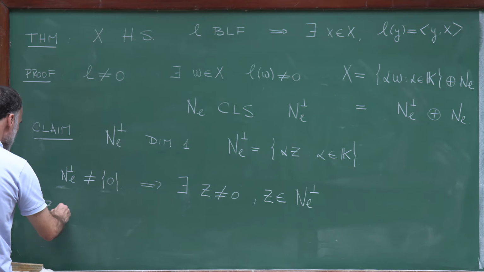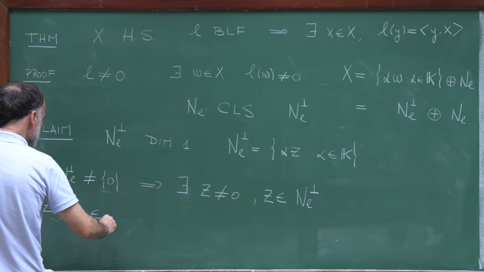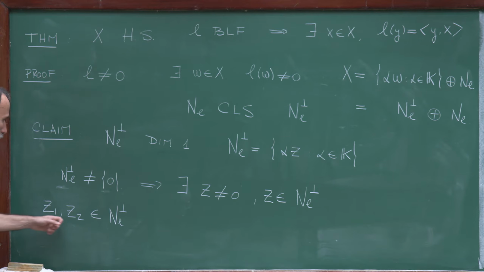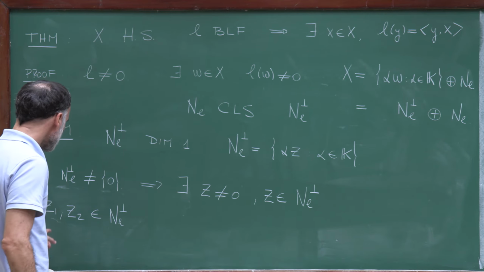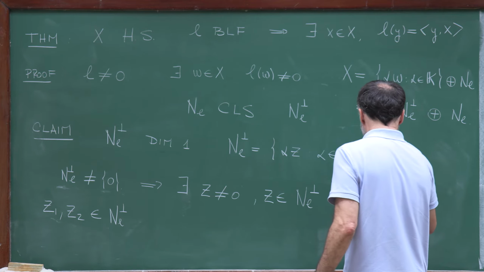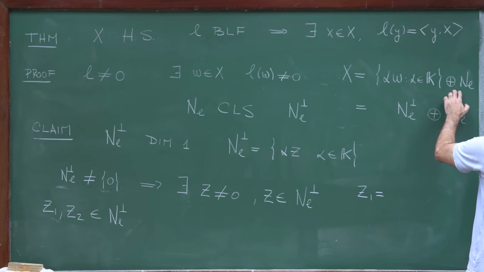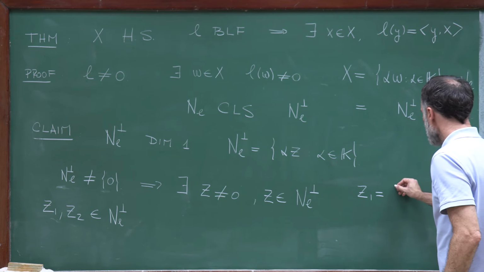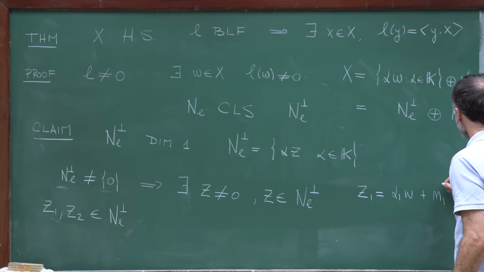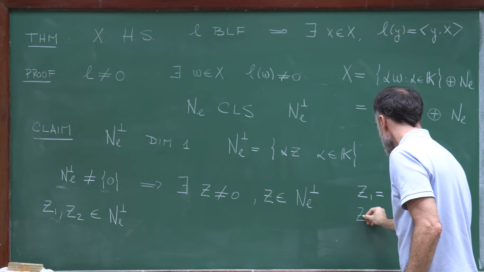So let's assume that we have 2 points, Z1 and Z2 in NL perp. And I want to show that they can't be linearly independent. Well, since Z1 is an element of X, it can be written by this identity as alpha 1 times W plus N1, where N1 is an element of the null space. And the same thing for Z2.